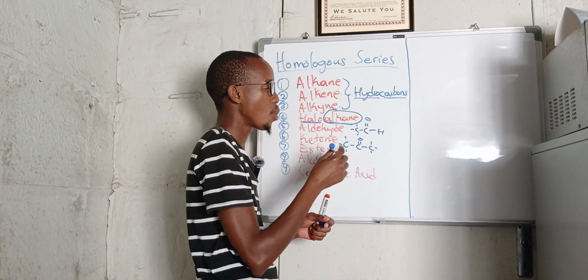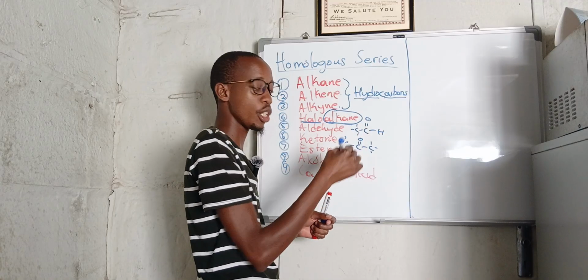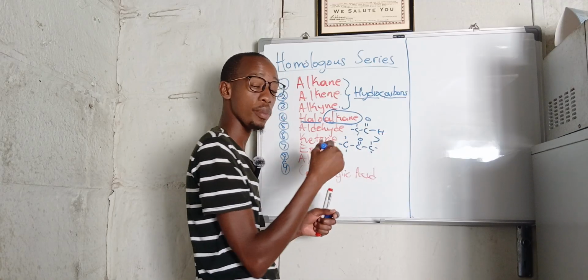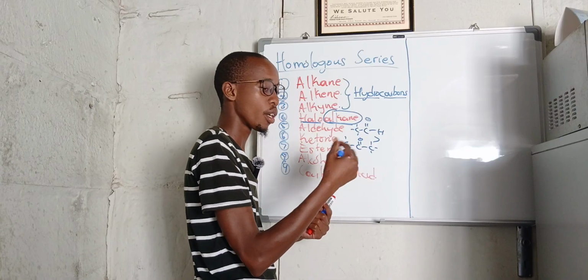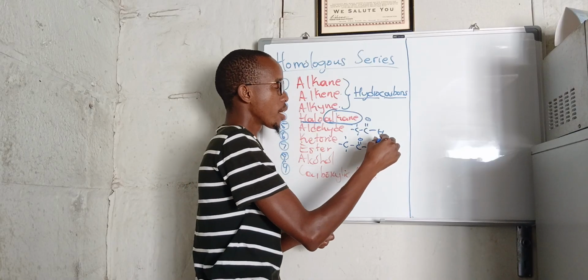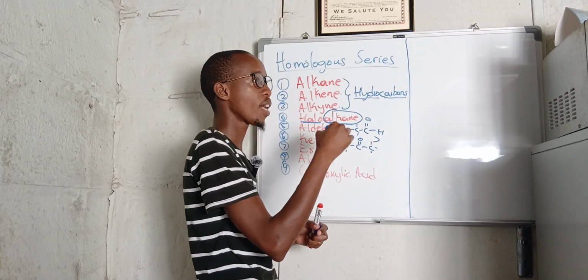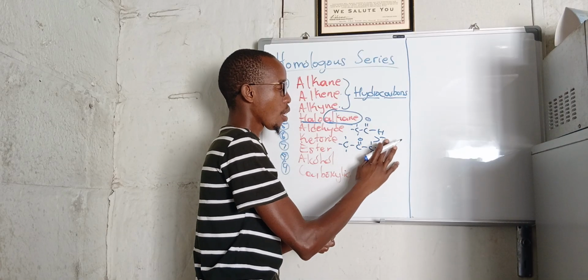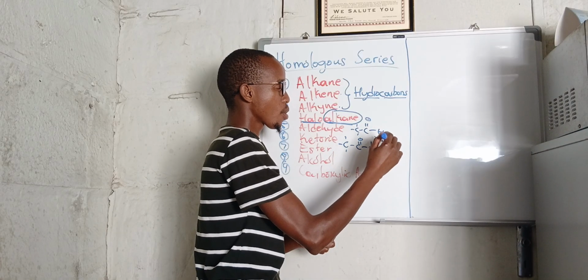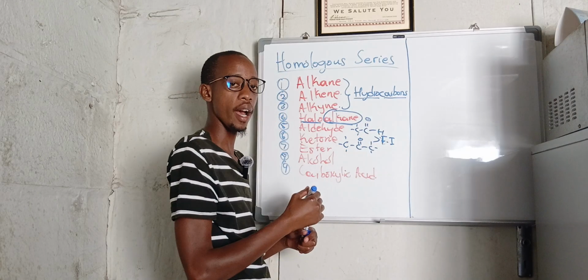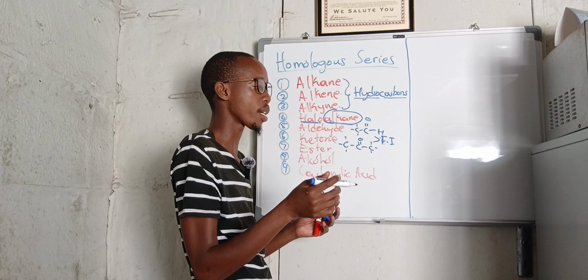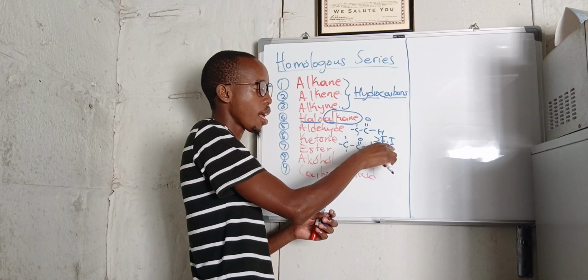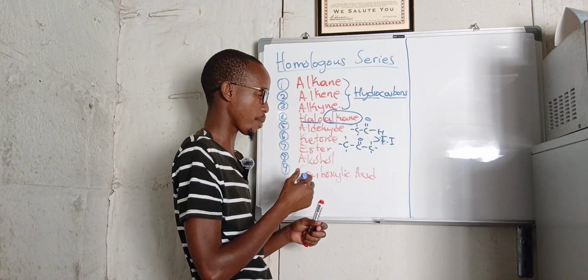So aldehyde and ketone are what we call functional isomers. I'm going to explain them later on in this lesson. I'm going to write it as FI. As time goes by, I'm going to show you what FI means. Functional isomers, both of them.